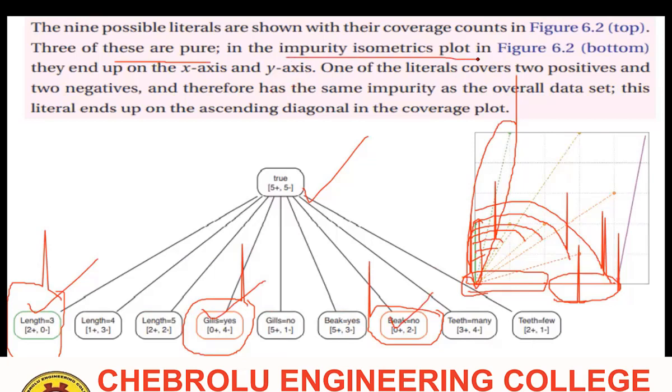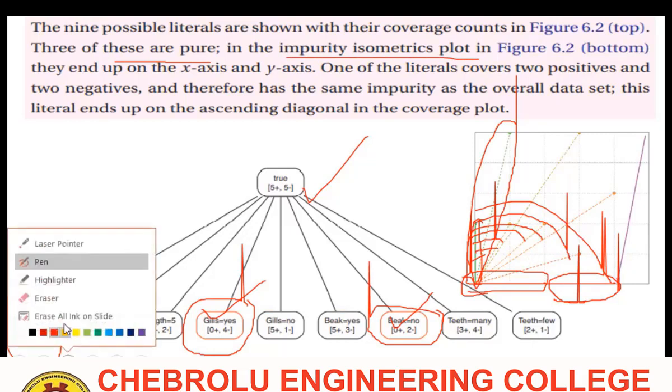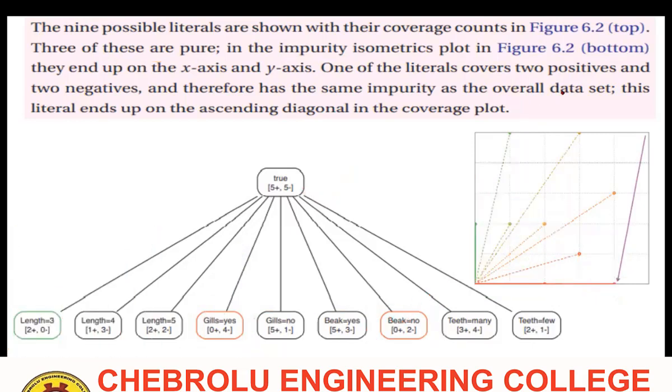Impurity isometric plot in 6.2. One of the literals covers 2 positives and 2 negatives, and therefore has the same impurity as the overall data set. The overall data set is 5 plus and 5 minus.